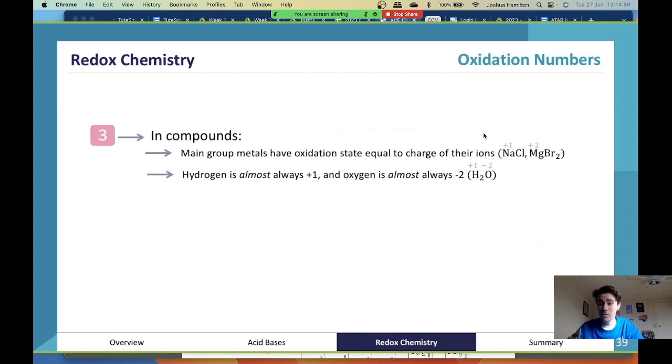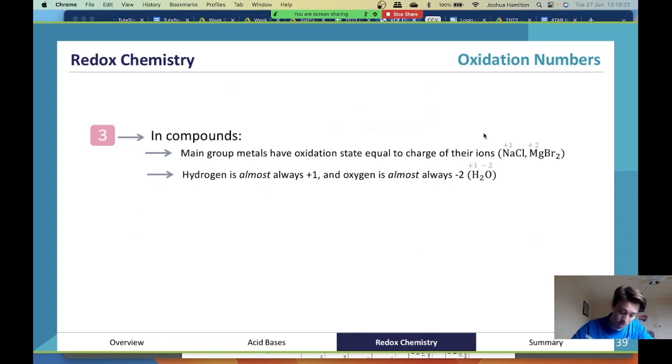There are no examples for hydrogen that ever really come up. Oxygen has one example that comes up quite frequently where oxygen is not -2. So that's why we say hydrogen is almost always +1 and oxygen is almost always -2, because the other examples are very infrequently or never used. But there is one example for oxygen that is frequently used.